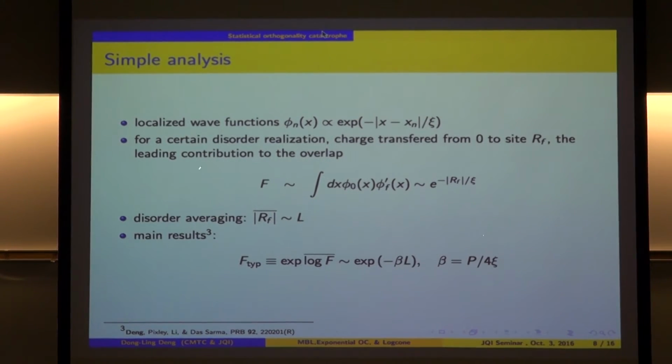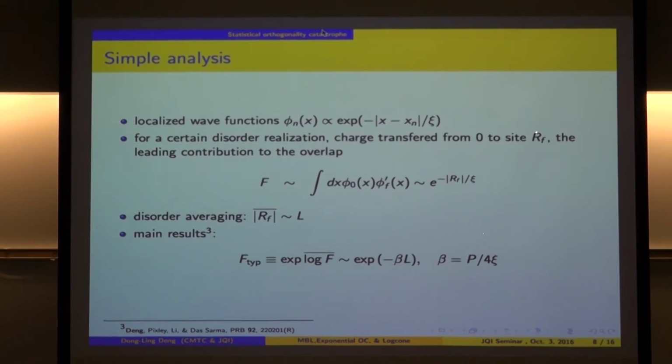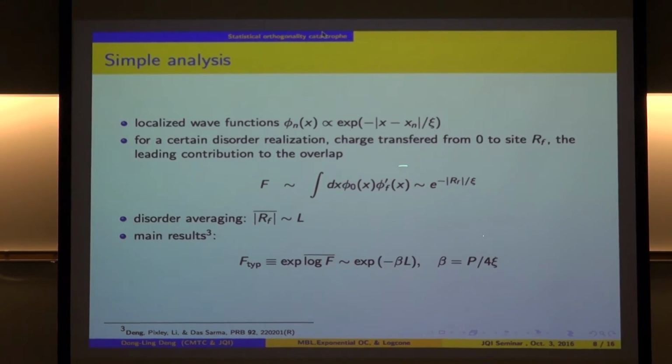Then for a certain disorder realization, as I explained, there will be a charge transferred from site 0 to some arbitrary site R_f. The leading contribution to the overlap will be just the overlap between these two localized single-particle wave functions, and this overlap has an exponential scaling with R_f.